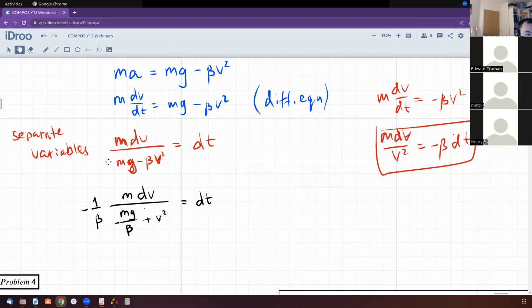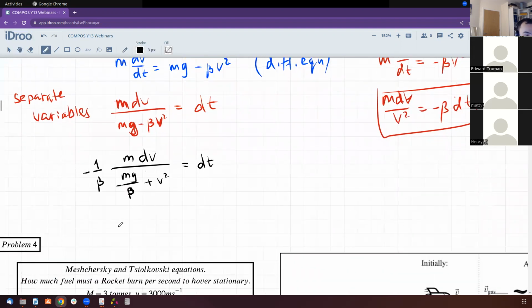So why did I do this? Because now I can take beta to the other side. So m dv over (v squared minus mg over beta) equals minus beta dt.